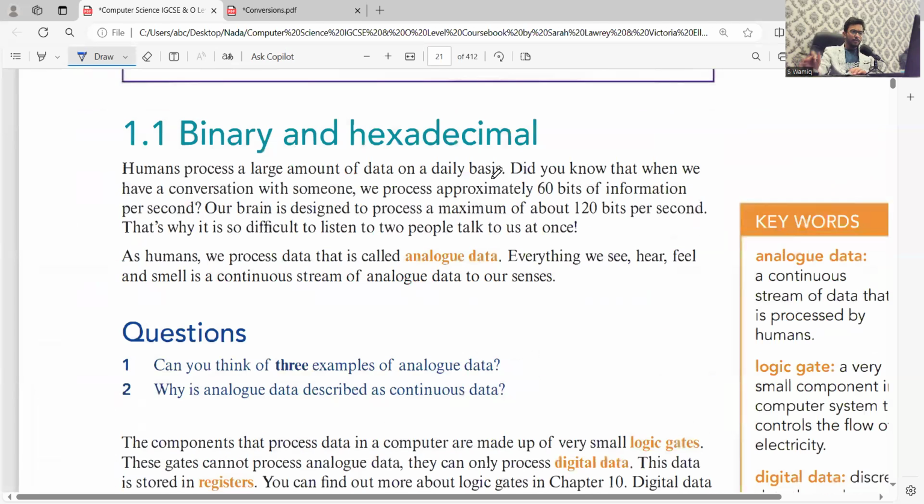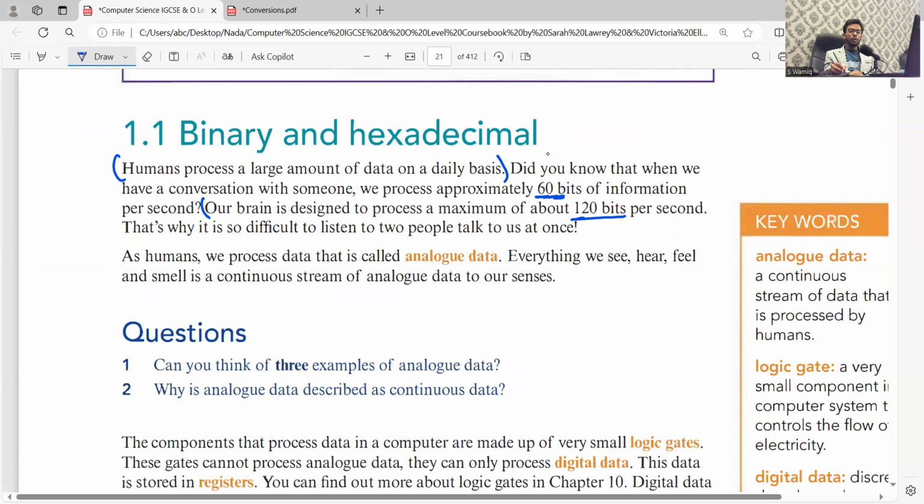Now, you know already that humans process a large amount of data on a daily basis. Did you know that when we have a conversation with someone or we are communicating with anyone, we process approximately 60 bits of information per second? That means our brain is designed to process a maximum of 120 bits per second.